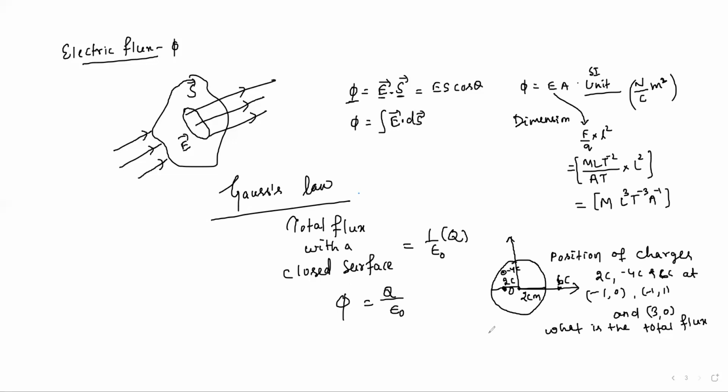So net charge inside is 2 plus -4, that is -2 Coulomb. So flux will be -2 by epsilon naught. This is the answer, Q by epsilon naught. So total flux means total charge inside by epsilon naught. This is how you have to solve, and we'll solve more questions in the PDF.